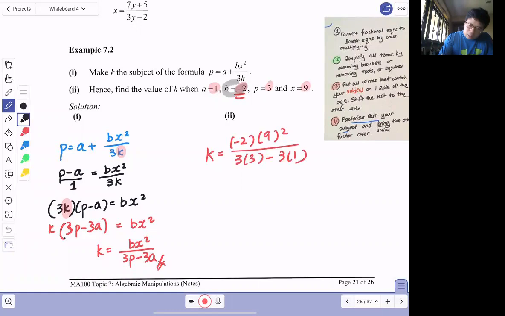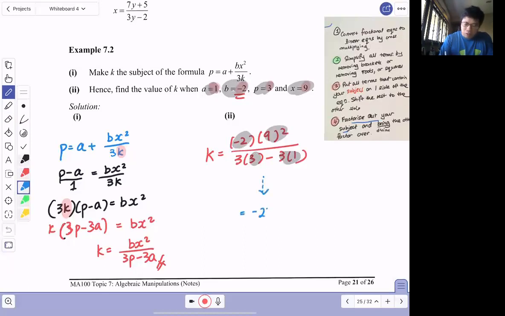My b is here, my x squared is here, my p is here, my a is here. Now you work this out, you should be able to get negative 27.